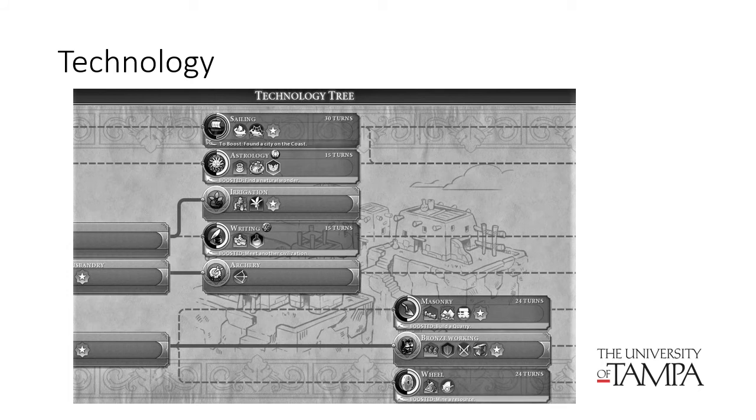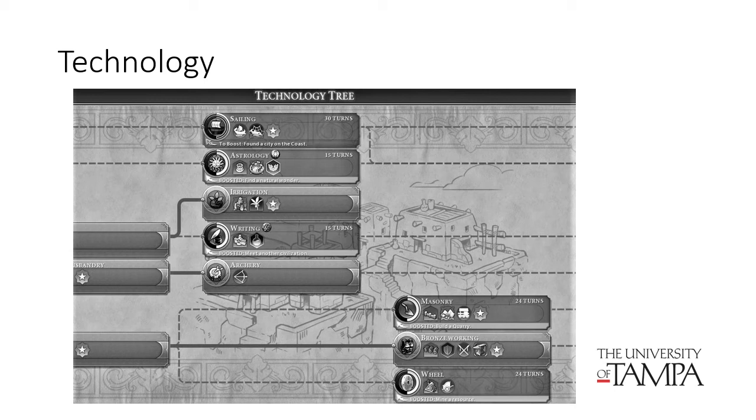As I mentioned in the previous slide, it is also very important to note the role that technology plays in the game. If you want to train archers, you have to research that technology, archery. Writing allows you to construct libraries.